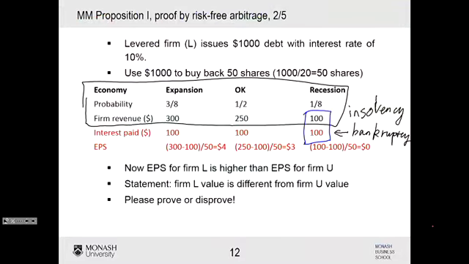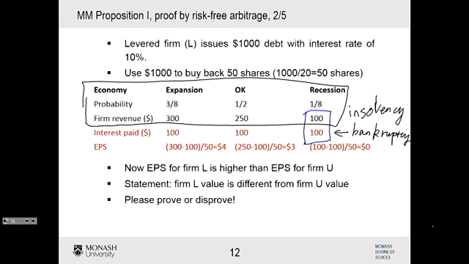Remember this one? Page 12. Flip back to page 12 here. Right now, we are assuming the capital structure is 50% debt, 50% equity. The interest rate is 10%.